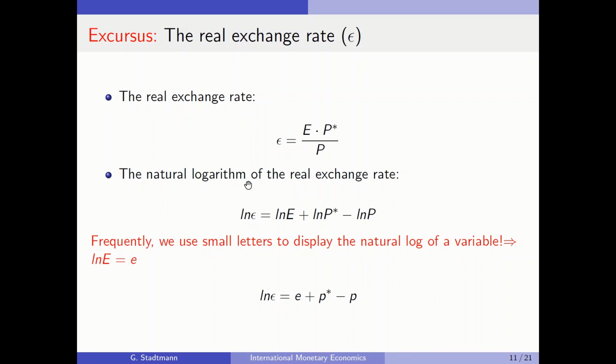So in case that we take the natural log of this relationship, we get that the natural log of the real exchange rate is equal to the natural log of the nominal exchange rate plus the natural log of the foreign price level minus the natural log of the domestic price level. Frequently we want to abbreviate this relationship, and we don't always want to write natural log because this will give us very, very long expressions.